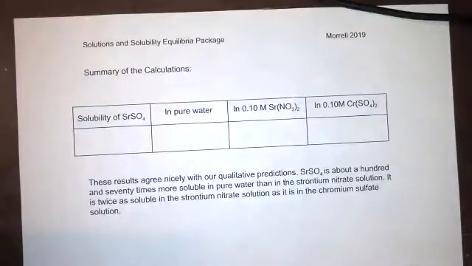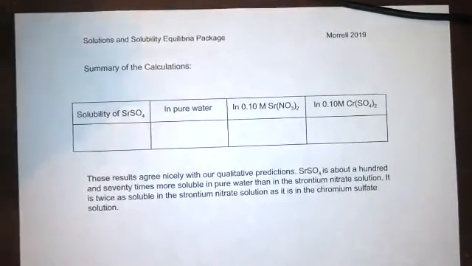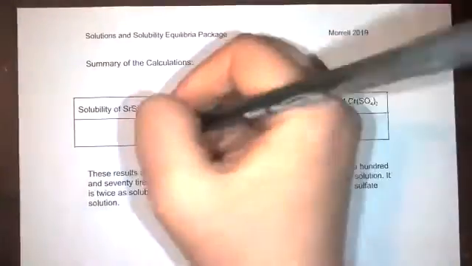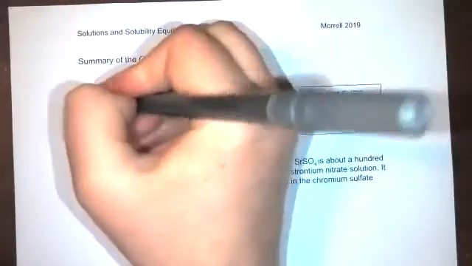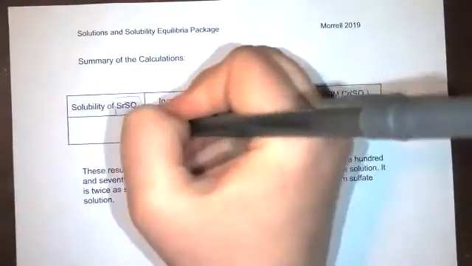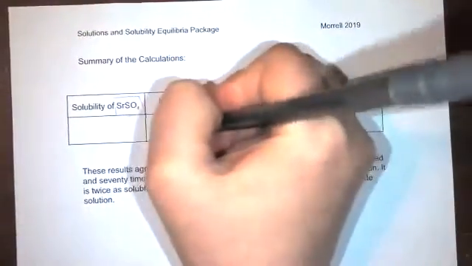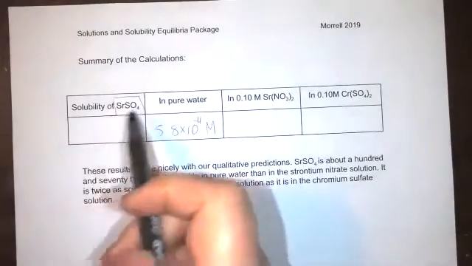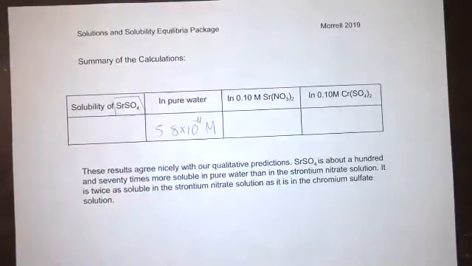So let's take a look at all of this solubility. Let's make sure it makes sense with what we predicted qualitatively. So in pure water, I found that my solubility of strontium sulfate was 5.8 times 10 to the negative 4 molar concentration. So in just pure water, my salt here has very low solubility.